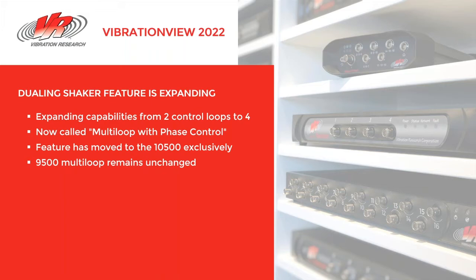There are additional CPU requirements that make it best if it just works on the 10500. The normal 9500 multi-loop features, 1 box per control loop, independent control, that remains unchanged.